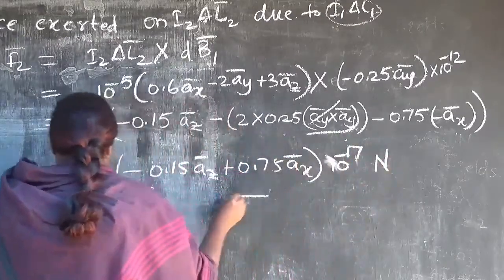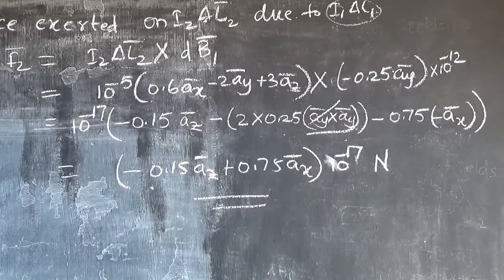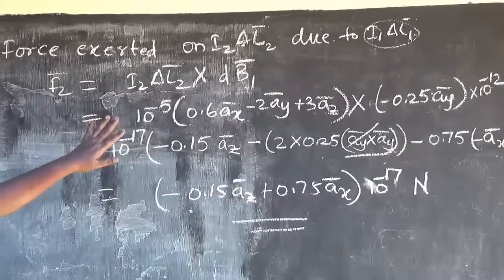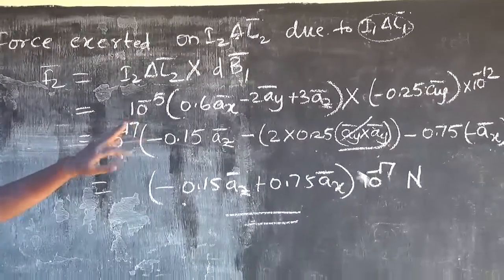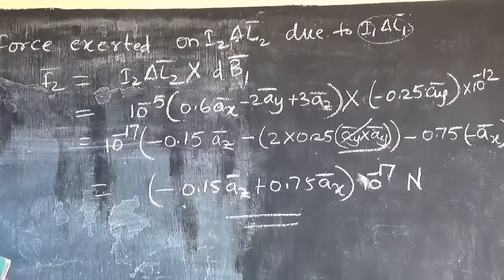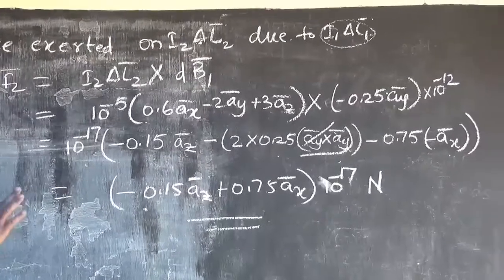This is the force exerted on I2 delta L2 bar due to I1 delta L1 bar. So this is the last topic and last problem in the forces due to the magnetic field.